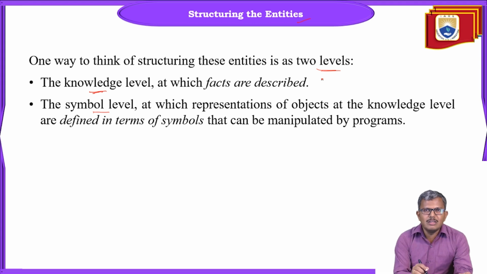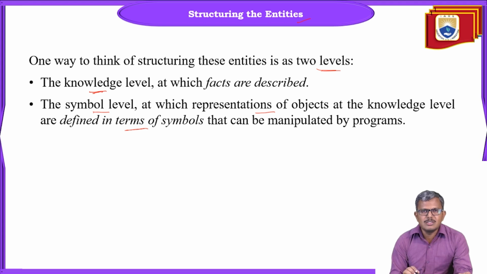That's why there are two different ways to structure the entities: the first for humans, and the second for AI programs. Here we represent the objects, meaning whatever objects we identified in the knowledge level are represented in the form of certain symbols, so they are defined in terms of symbols.